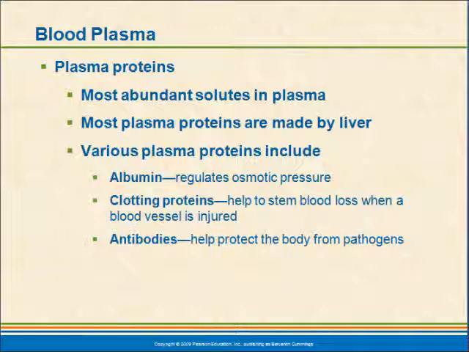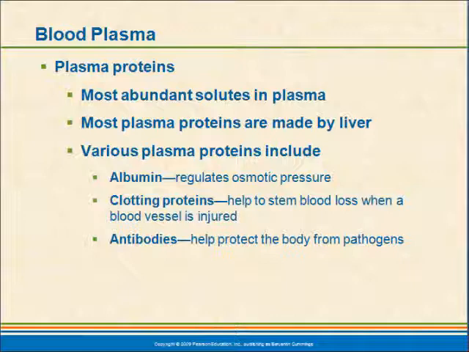That is, it thickens the blood a little bit so it maintains this osmotic flow. Fluids don't exit the bloodstream as readily and they get drawn back into the bloodstream because of the presence of these albumins. We have clotting proteins, which help us stem blood loss when a blood vessel is injured.